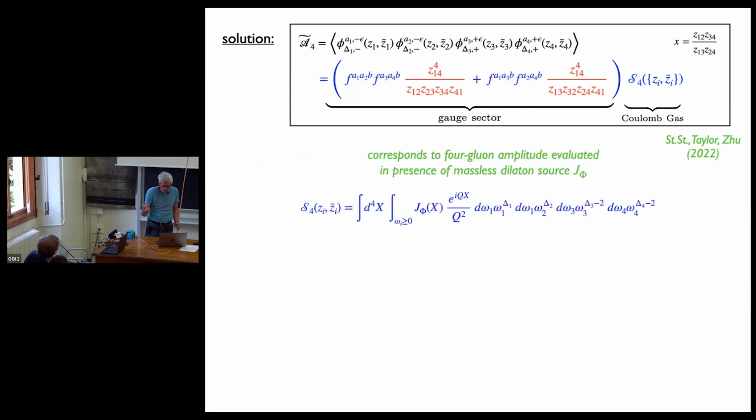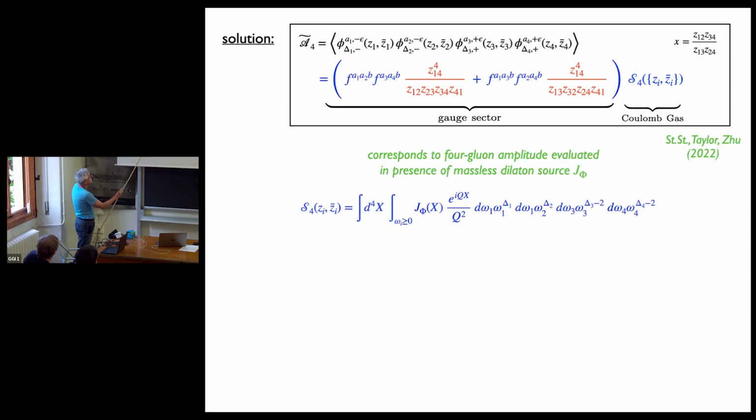Okay, since you have a differential equation, there's a whole class of solutions. You can classify the solutions by writing the solution in the following form. This of course resembles the Mellin transform, and I will show you in a moment how this is related. You can classify the solutions by saying that they solve for Carrollian amplitudes in the presence of a dilaton field.